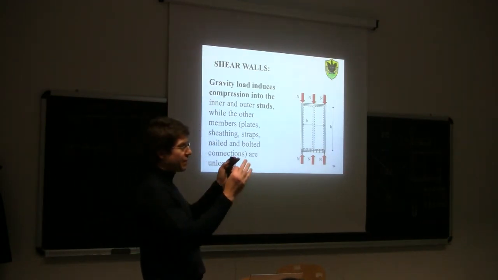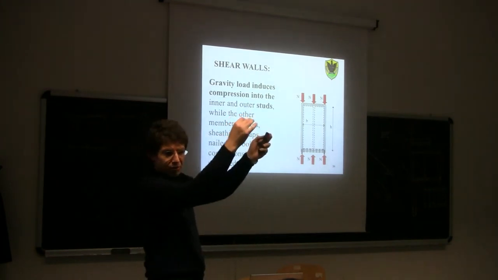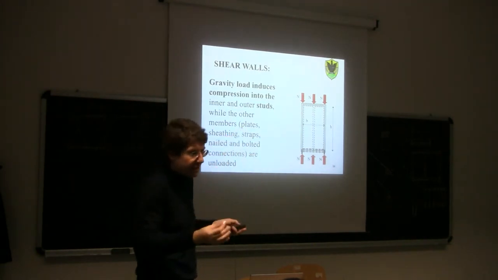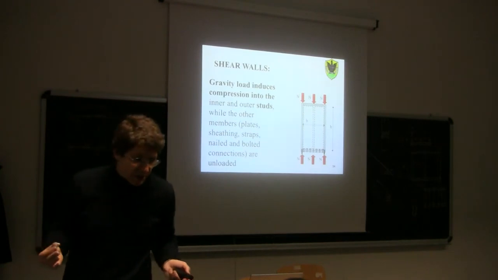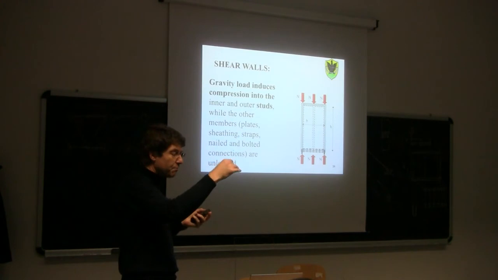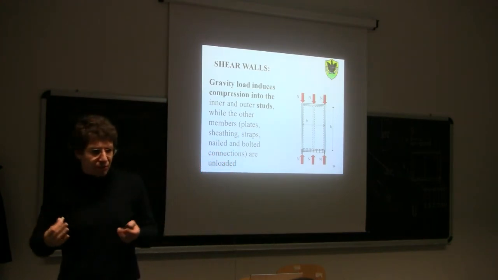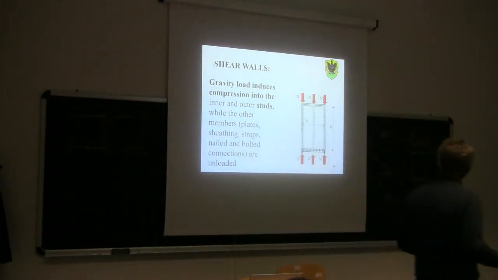Suppose that first I put a frame, like we saw before, then I put a significant load, and then I clad everything. In this case, the cladding will be basically without any stress. Instead, if I put the sheathing from the very beginning and apply the load, maybe one part of the load will go into the sheathing. Think about the load path.